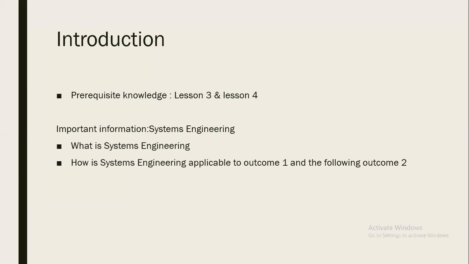Now, getting onto the introduction. In order for you to understand the content that I'm going to be covering here, the prerequisite knowledge is lesson 3 and lesson 4. On lesson 3 and lesson 4, I covered TER or TEO.